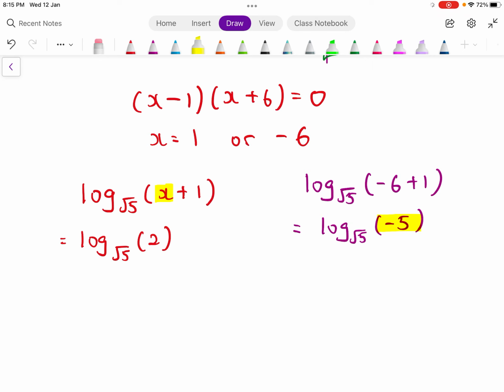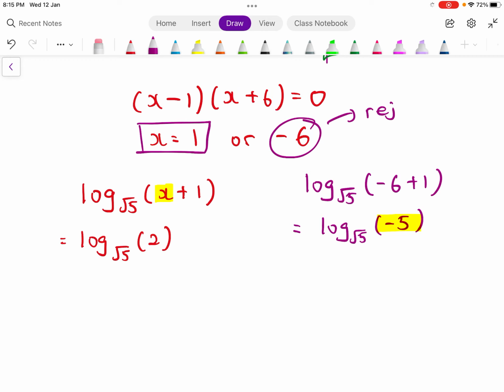When you get a log of a negative number, meaning the number inside the log is negative, you press your calculator and you will notice that this is an error. So your negative 6 here must be rejected. The only answer that the question can accept is x equal to 1.